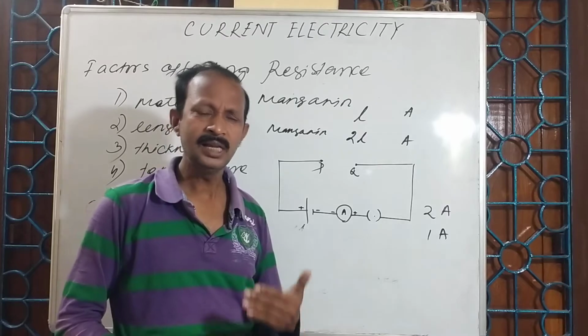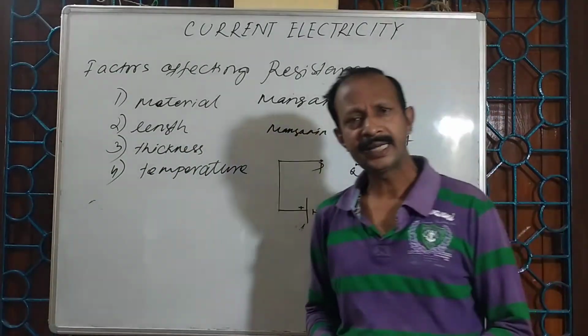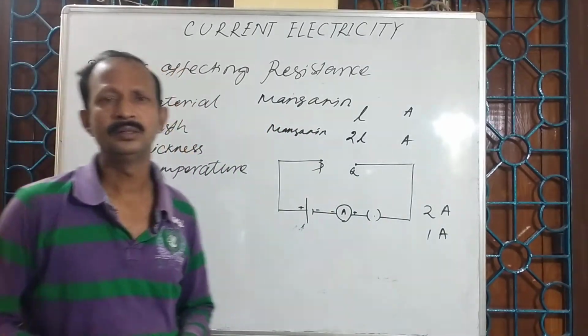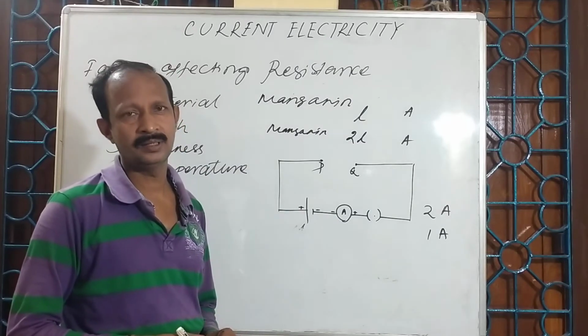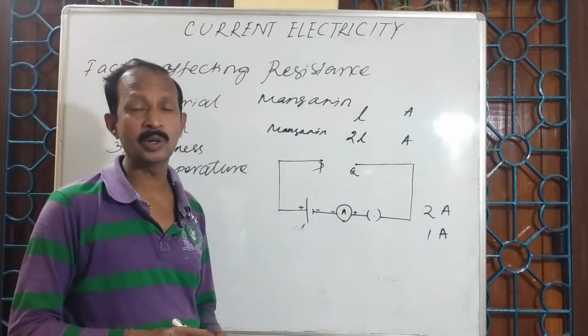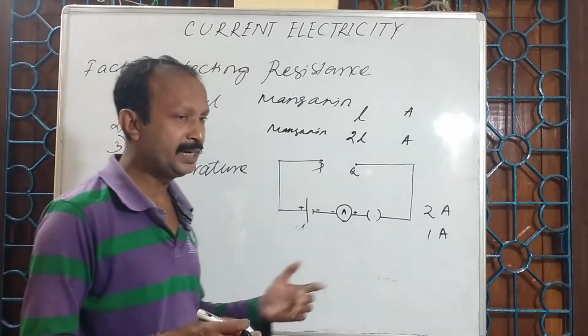Then what is the reason? When the length of the conductor increases, the number of collisions between the charged particles, mostly between the electrons and the positive ions, increases.